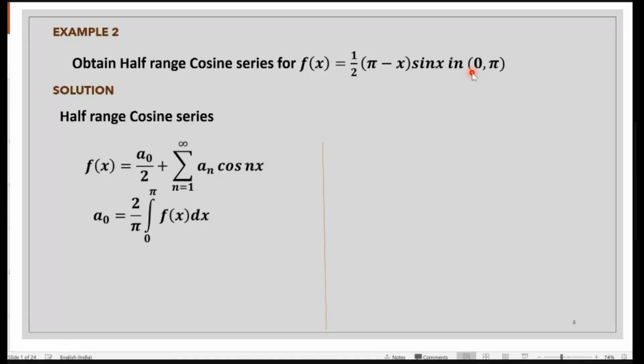Substitute for A0 and calculate the value of A0. Substitute for fx, which is half of pi minus x into sin x.